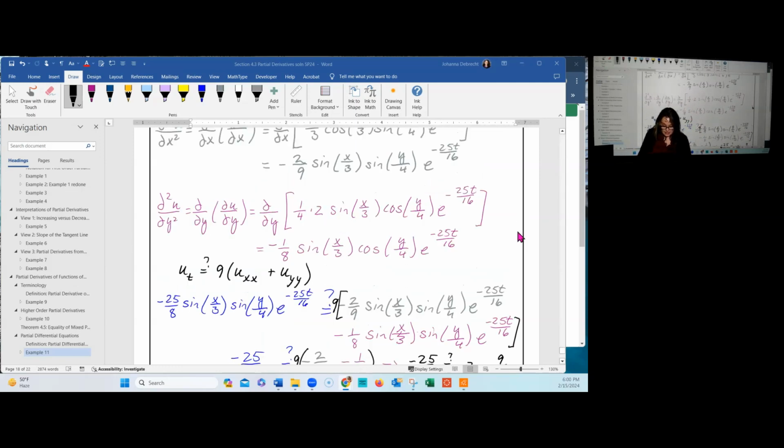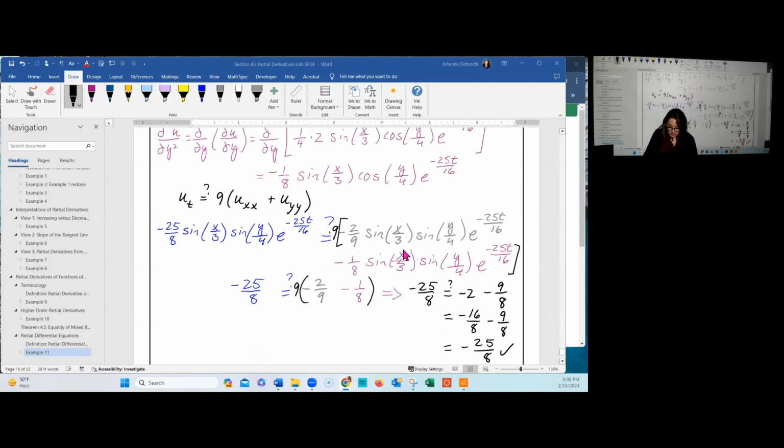Then we set this equal, possibly, to the first partial of u with respect to t. Notice that they're all constant multiples of the sine of x over 3, sine of y over 4, e to the -25t divided by 16. That means that we can ignore that part and just focus on the constants.